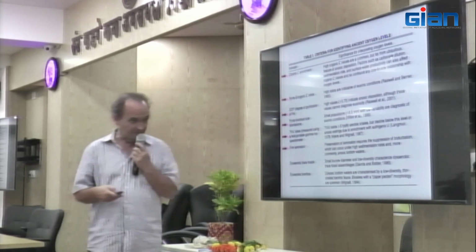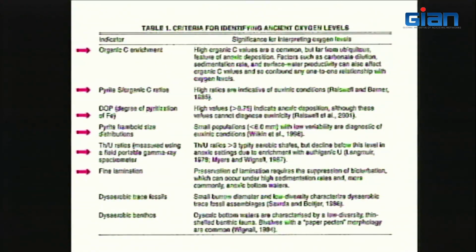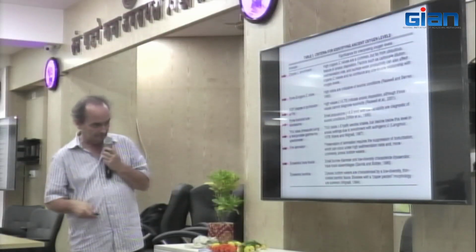And fine lamination, we'll discuss this also probably tomorrow, or after tomorrow. Preservation of lamination just says what? That there was no perturbation, no life on the seafloor. So, mainly anoxic condition. Especially if you have all the other parameters working together.